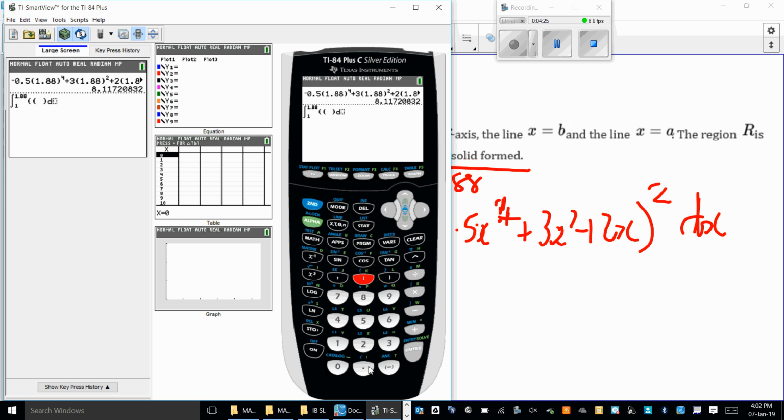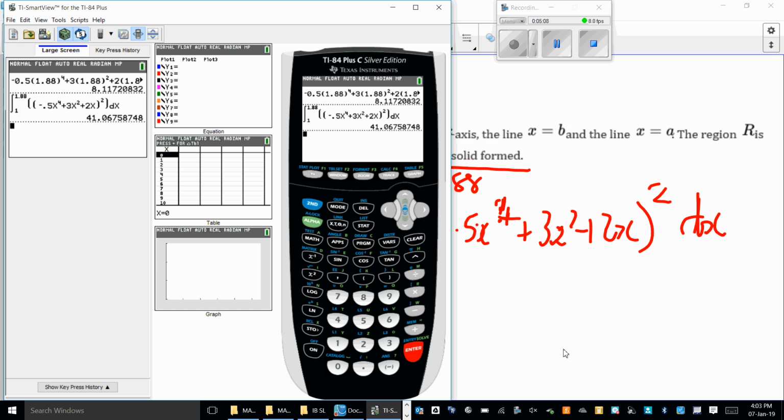So it's negative 0.5x to the power 4 plus 3x squared plus 2x, close brackets, squared. So that's the function squared dx between those two numbers. Okay, enter.